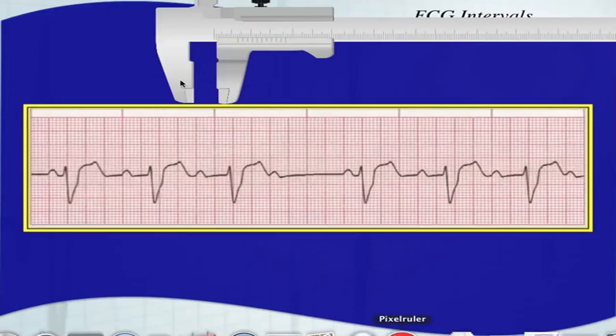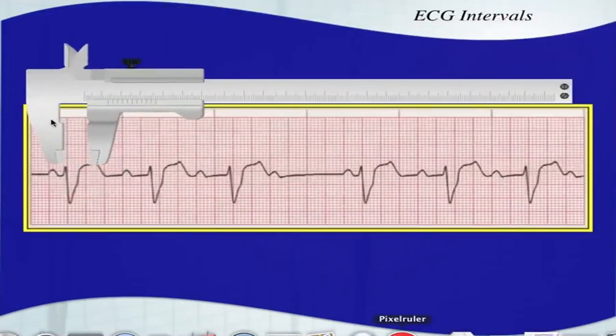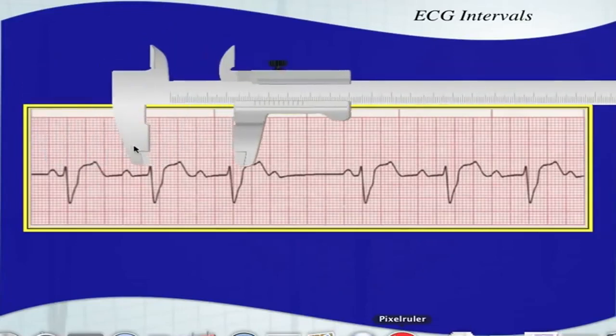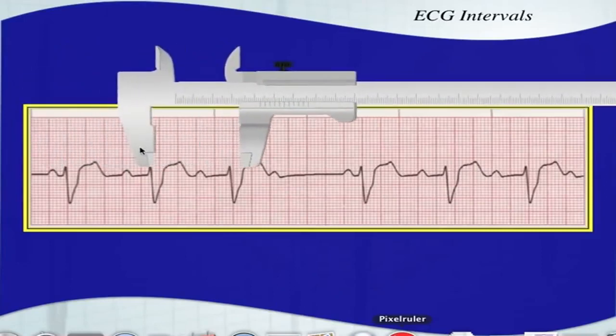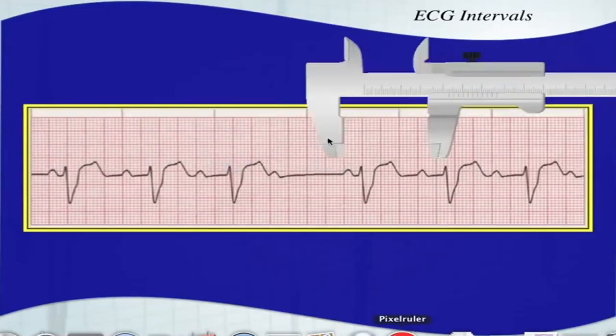All right, let's take a look at this one. So I could start here at the R wave there. Let's go to there. I don't think, does that match up? Might be a little off actually. And it definitely skips a beat there.